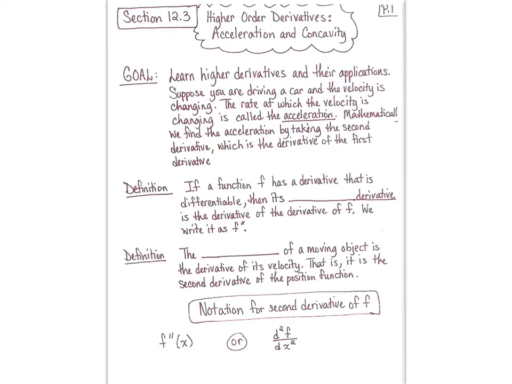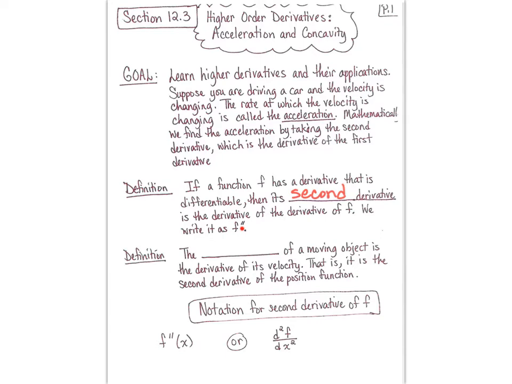So let's start out with the definition. If a function f has a derivative that is differentiable, then its second derivative is the derivative of your function. So in other words, it's f double prime.